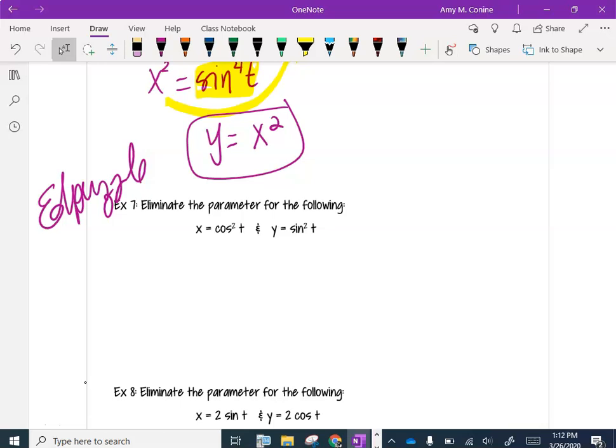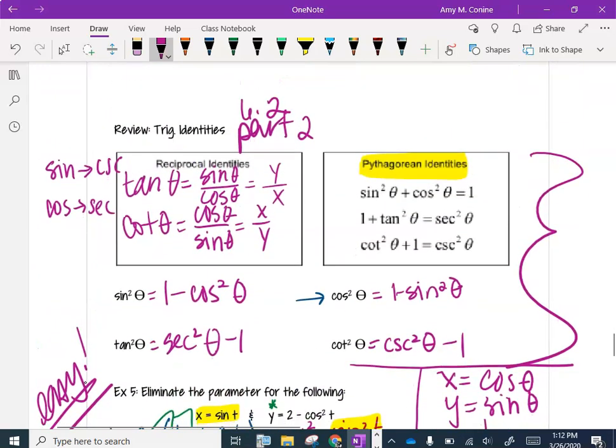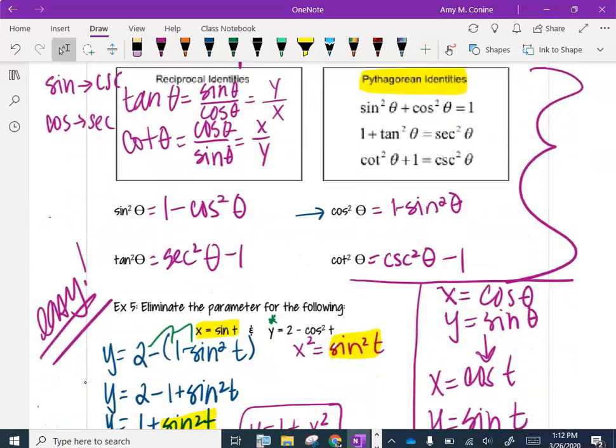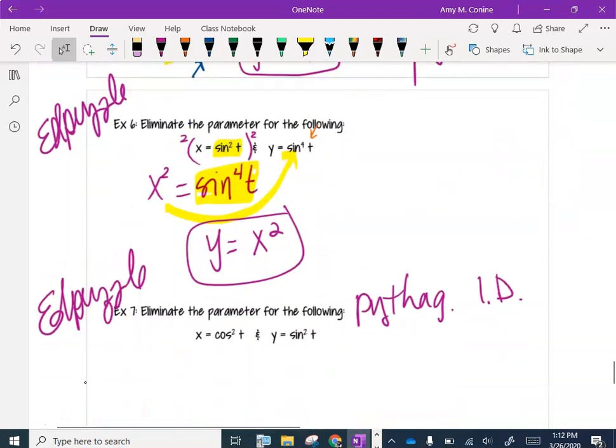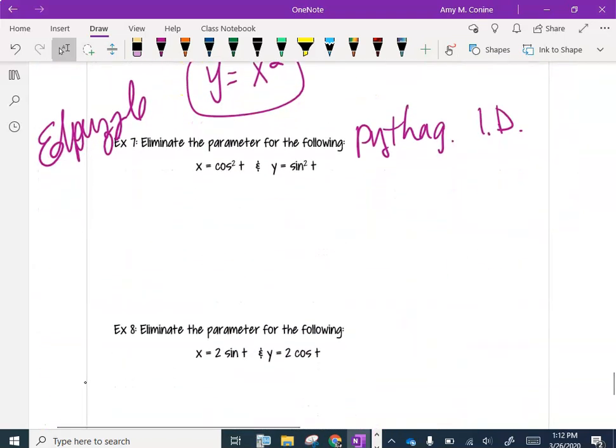So if you recall our Pythagorean identities from the beginning of our notes, we need that section. I told you to have them handy and ready. We do have information for cosine squared and for sine squared. In my opinion, it doesn't matter which one you eliminate because they're both just as simple.